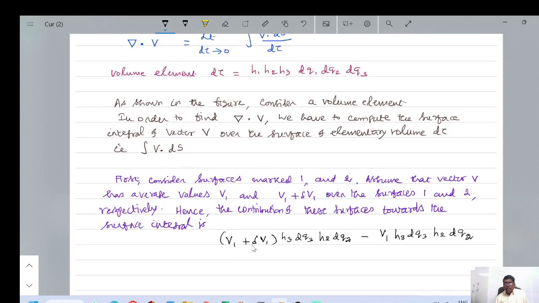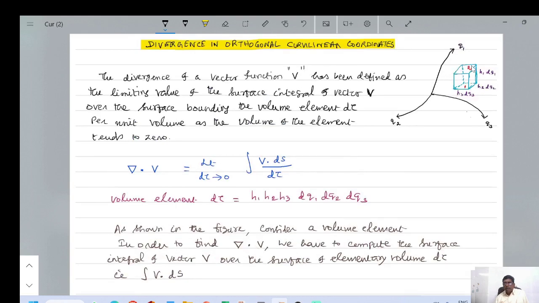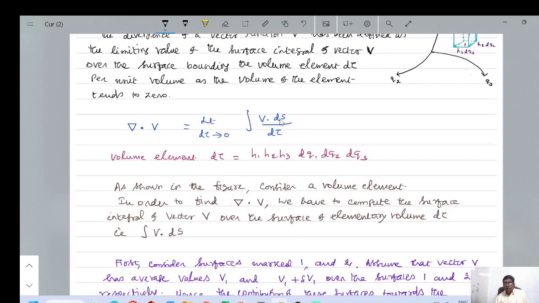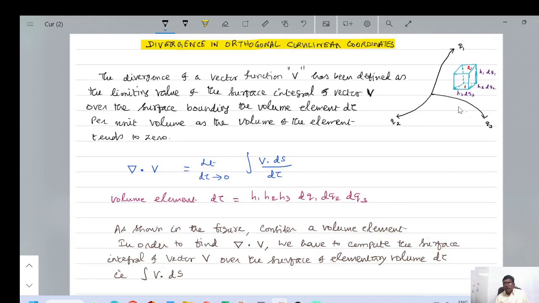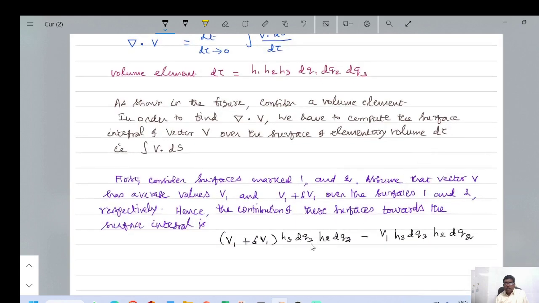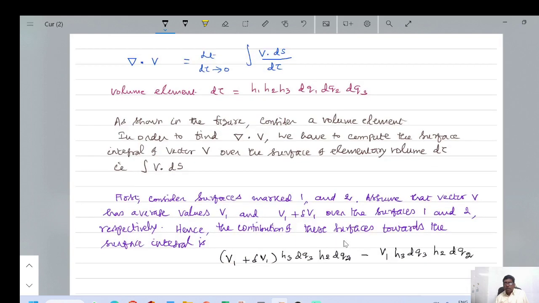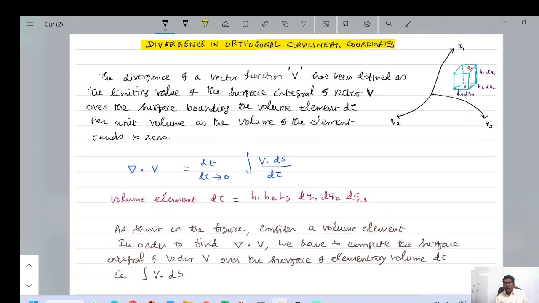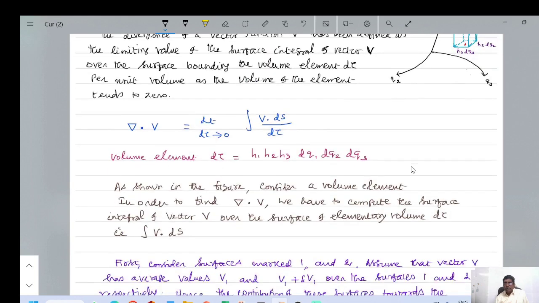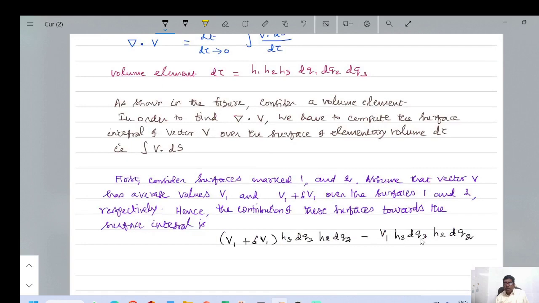The vector value is v1 plus del v1 at point 2, and the surface area is this side into this side, h3 dq3 h2 dq2, minus the vector value at point 1, v1, into the surface area h3 dq3 h2 dq2.